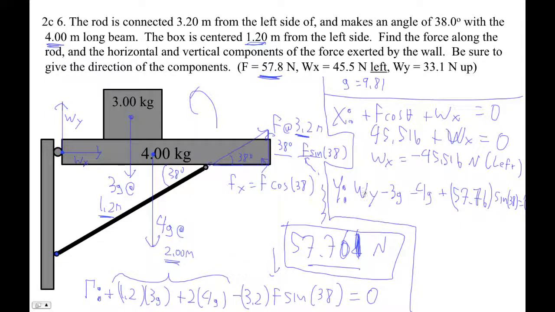Okay, so let's see. To do this, I guess I'm going to go 7 times 9.81. That's 3g and 4g, so 7g, minus the force times sine 38. Is that right? 33.108.